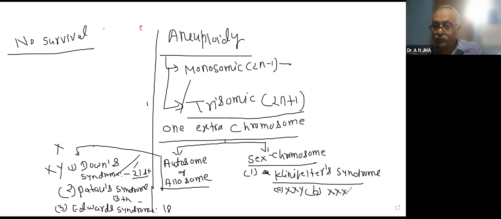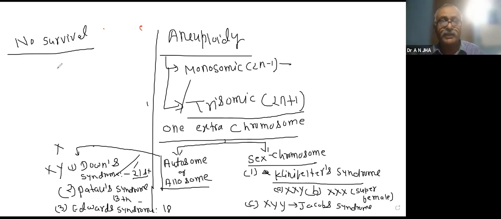It is also called super female. And another is XYY. It is called Jacob syndrome. Jacob syndrome is also called super male.